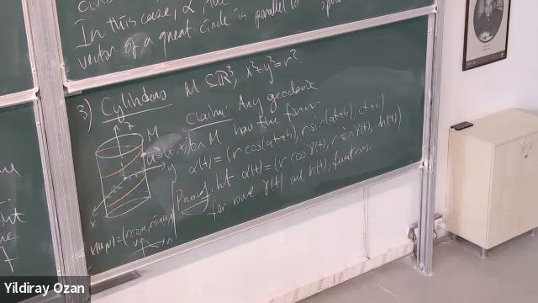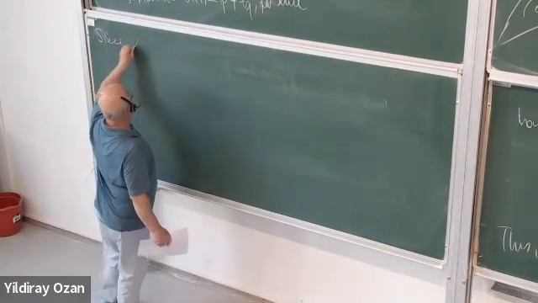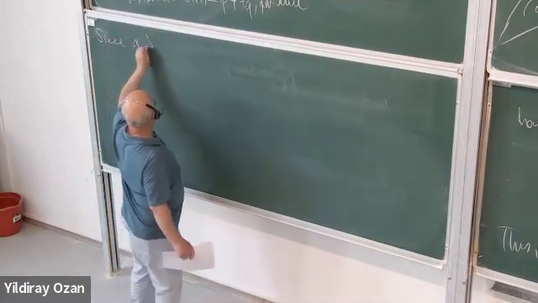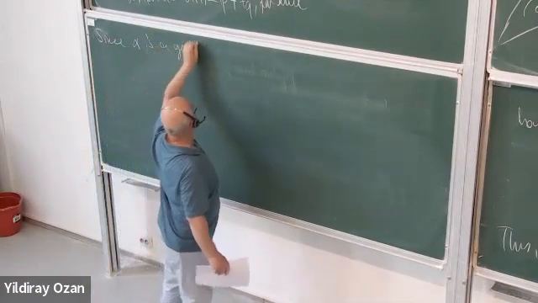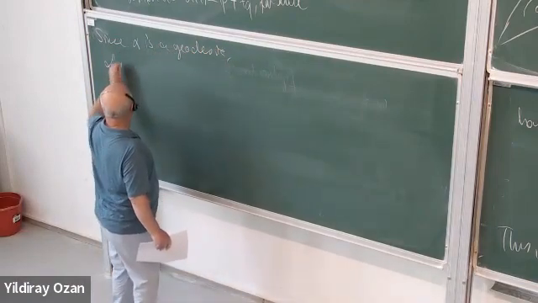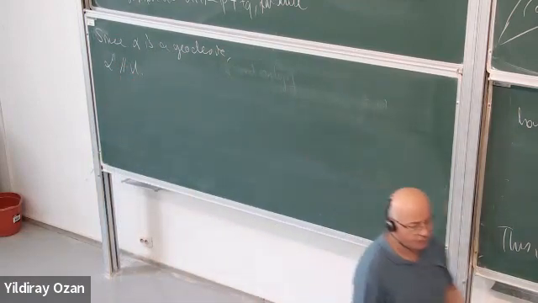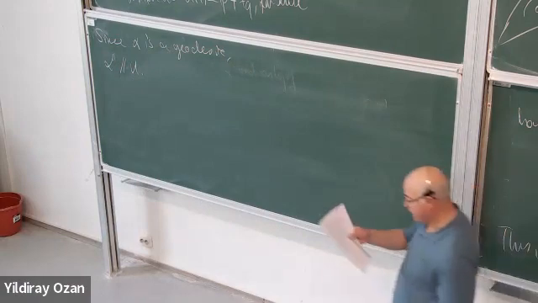However, alpha is a geodesic. Since alpha is a geodesic, alpha double prime is parallel to N, right? It's normal to the surface, therefore it is parallel to the normal vector.